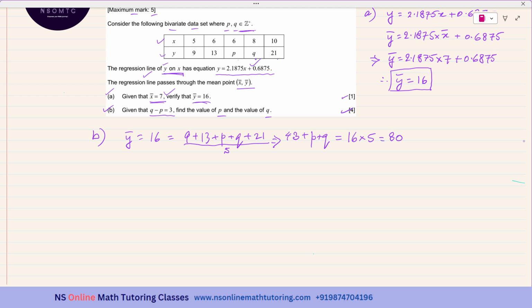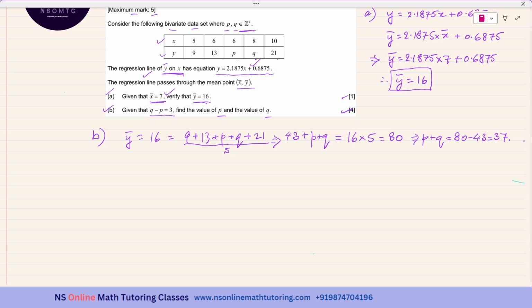Okay, so therefore P plus Q should be equal to 80 minus 43. 80 minus 40 is 40, and if I subtract 3 from 40, it is 37.